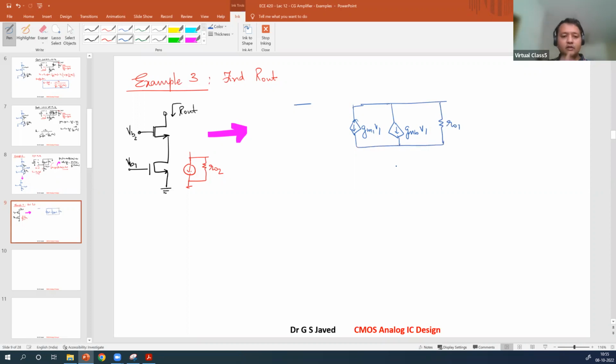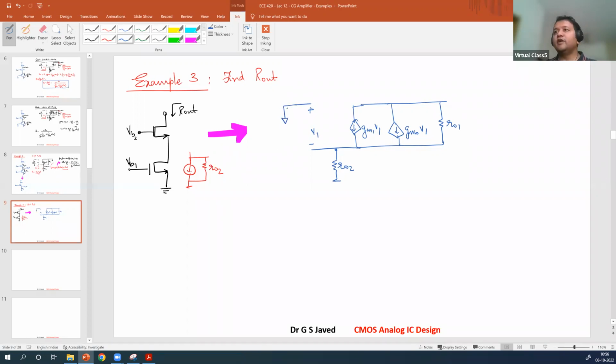These are all together. Next, at the source you have parallel resistance RO2. You are seeing V1, and your input is applied nowhere. There is no input. It's all fixed bias. So this is grounded again.